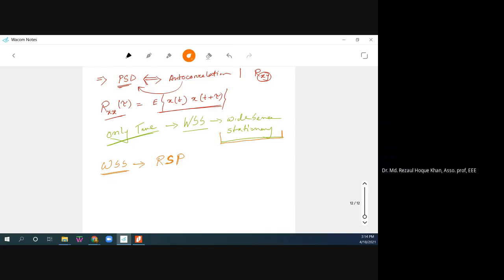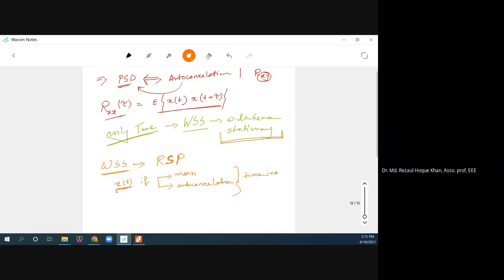So when we call some process wide sense stationary, for example, a signal x(t), it satisfies two conditions: its mean value and its autocorrelation both are time invariant.